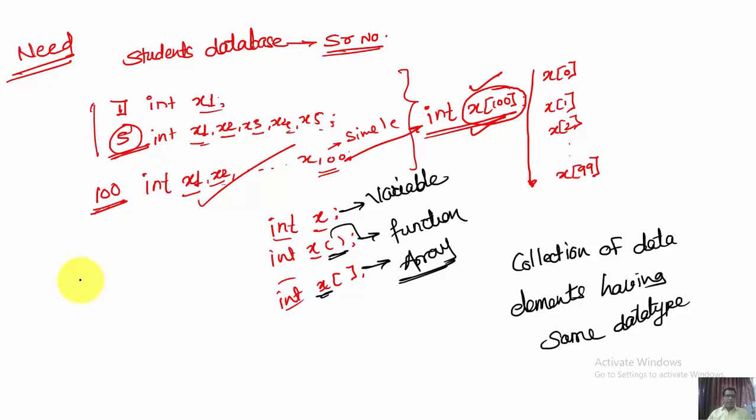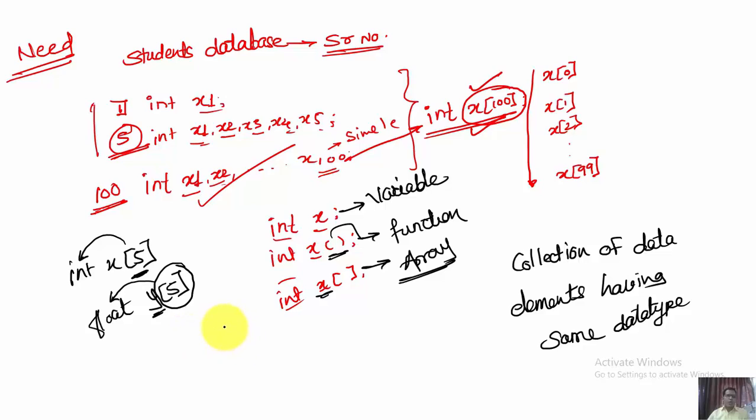The moment I declare int x[5], no doubt a total of 5 elements are there, and all these elements have the data type integer. Suppose I declare float y[5]. Y is an array which is going to hold 5 different values, and all of these are floating point values.